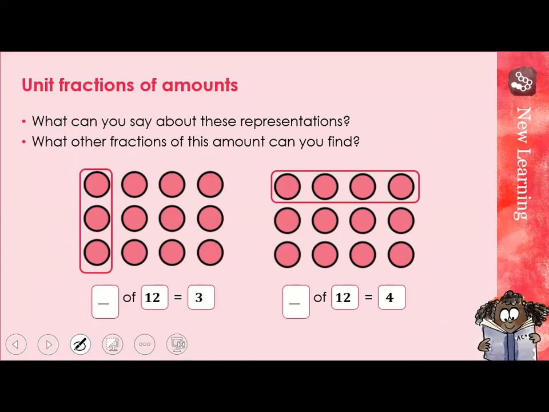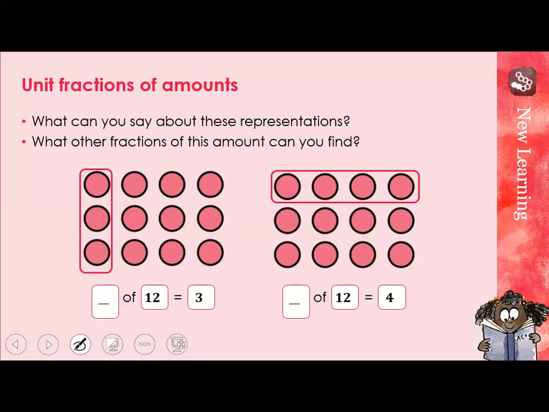Okay, let's have a look at these arrays. Now, an array, just as a reminder, is when you split something into rows or columns. Now, arrays must be equal. They are usually represented as squares or rectangle blocks, okay?